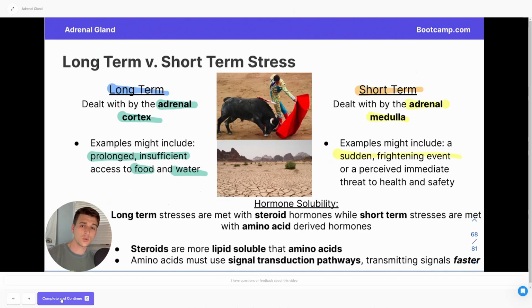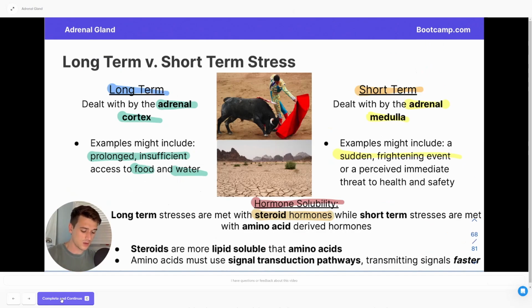So now I ask the question, why? Why are steroid hormones released by the adrenal cortex to handle long-term stresses? And why are amino acid-derived hormones released by the adrenal medulla to handle short-term immediate stresses? It has to do with the hormone solubility. Steroid hormones, as we know from a prior video, are lipid-soluble but not water-soluble, which means that they're capable of crossing membranes themselves and directly affecting DNA transcription.